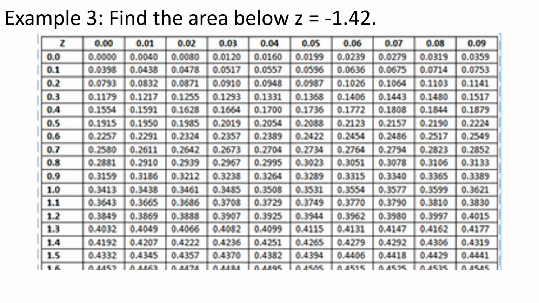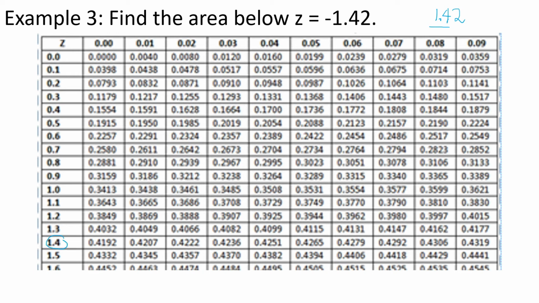So again, what we are going to find is the area of the region from 0 to positive 1.42 first. So let us first disregard this given. So 0 to 1.42. Where is 1.4 in the first column? 1.4 is here.